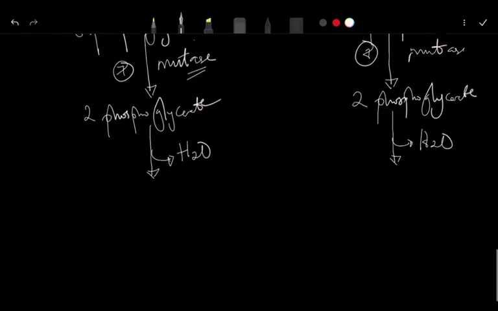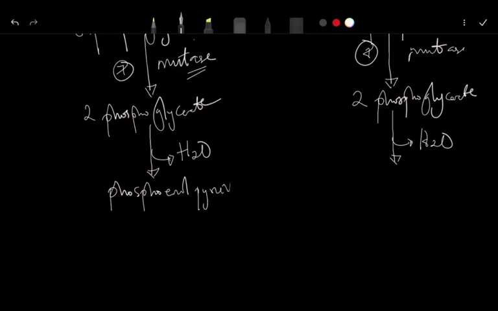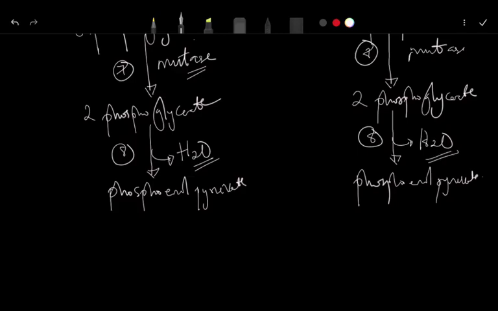And when you remove water, what you get is what we call phosphoenolpyruvate. Okay, I know it's becoming complicated, but you just have to stay. It's very, very easy. Before you watch the video over and over again, you get the understanding. Step 8, basically, we remove water. That's what happens in step 8, and we form phosphoenol pyruvate.